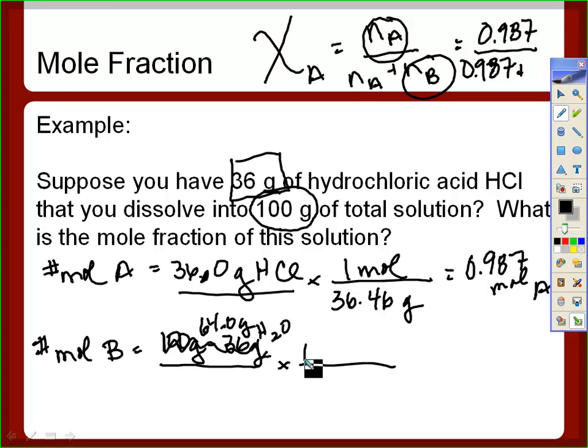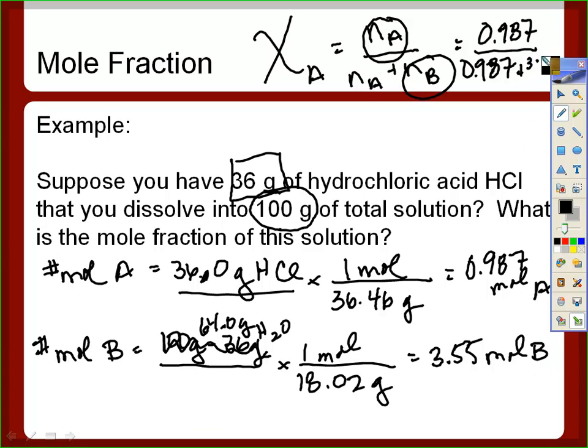And in water, 1 mole is equal to 18.02 grams. So moles of water is 64 divided by 18.02, and that is 3.55 moles. So that's my moles of B.